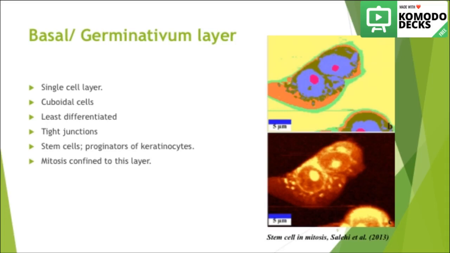It is a single cell layer with cuboidal cells. These are the least differentiated. We see tight junctions or desmosomes. We see stem cells which undergo mitosis to produce new cells to the upper layer. This picture here shows stem cells undergoing mitosis.